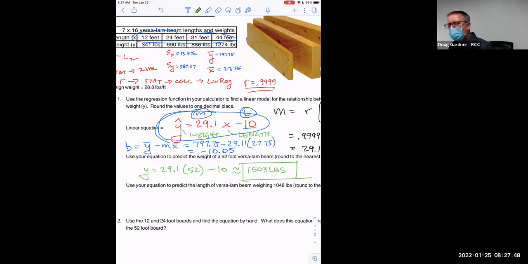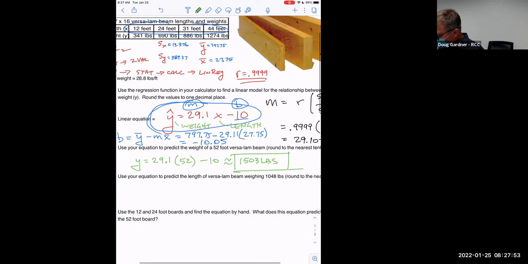What about the other way? What about the second question? I'd say less practical in this case. But if you had a beam that weighed 1,048 pounds, could you predict its length? Can you use the equation for something?